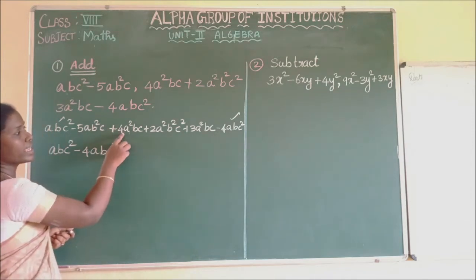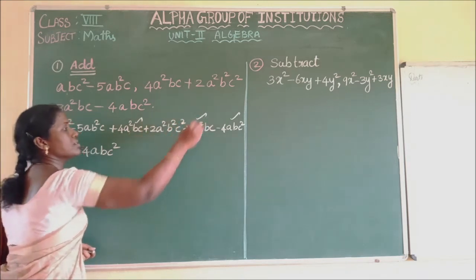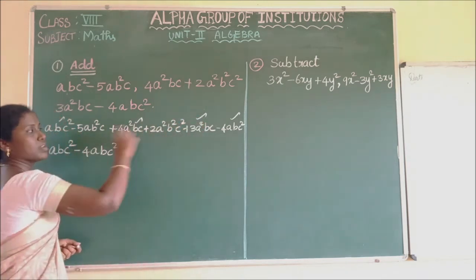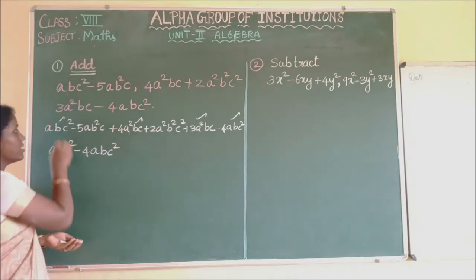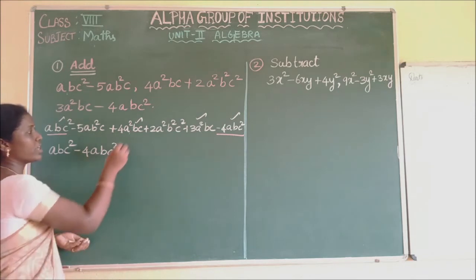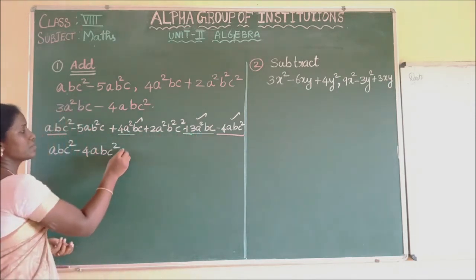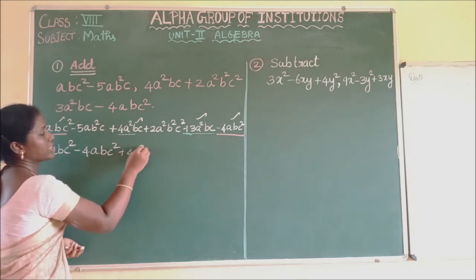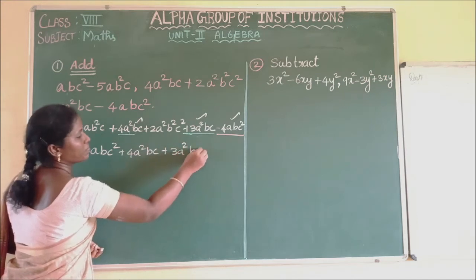For a square bc, yes. See here, this term and this term are like terms. These first two are like terms we identified. Here again we are identifying a like term, these two. So plus 4a square bc plus 3a square bc.